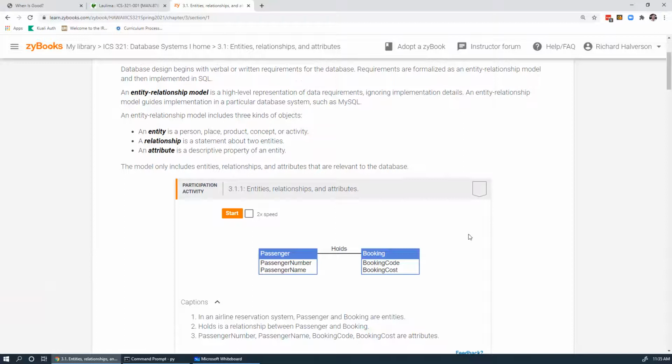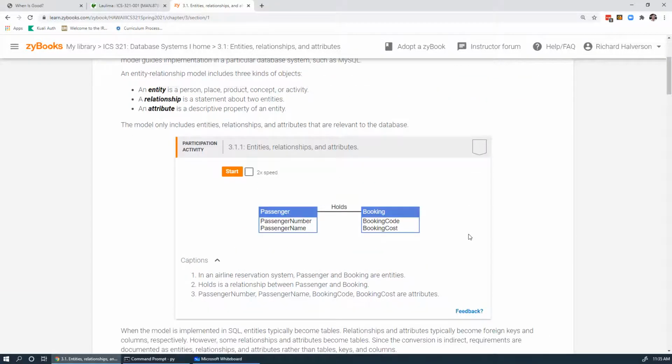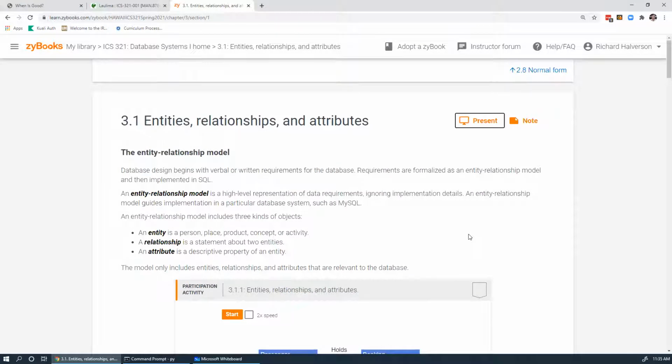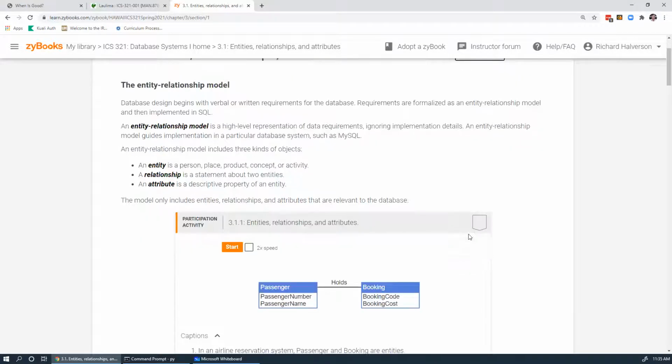But in medium-sized projects, actually all the projects I've worked on, the most important thing is that you normalize everything, and that's not quite as rigorous as actually creating an entity relationship model.